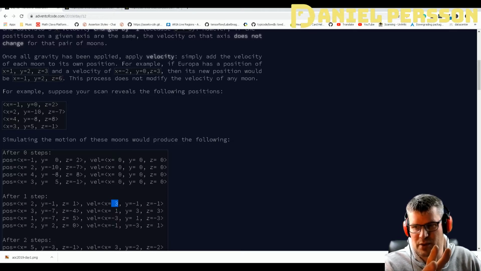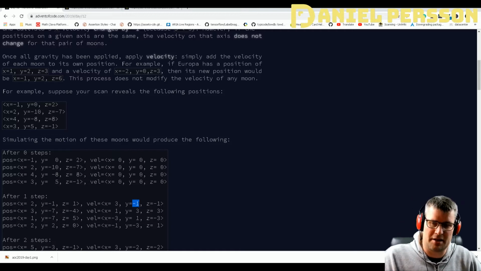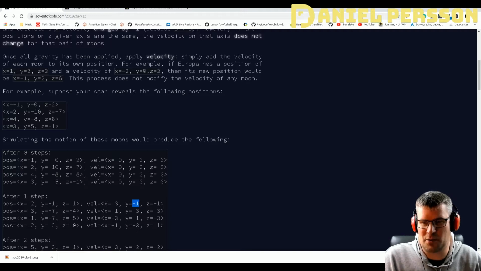In this case, we have 0. And minus 10 and minus 8 are smaller, but 5 is larger, which means that it will have a y value of minus 1. So minus 1 plus minus 1 plus minus 1 plus 1 is minus 1. And then in the z direction, we start with a value of 2.